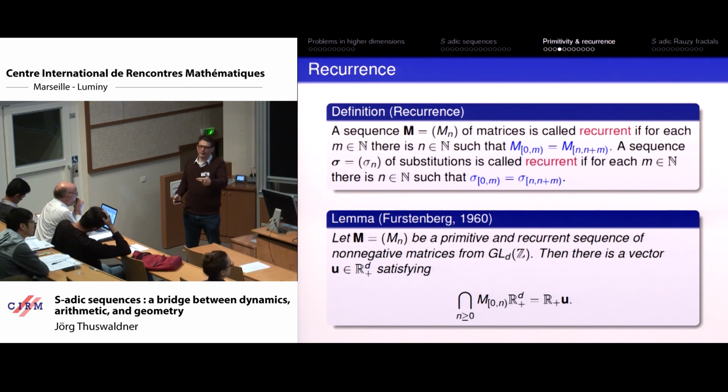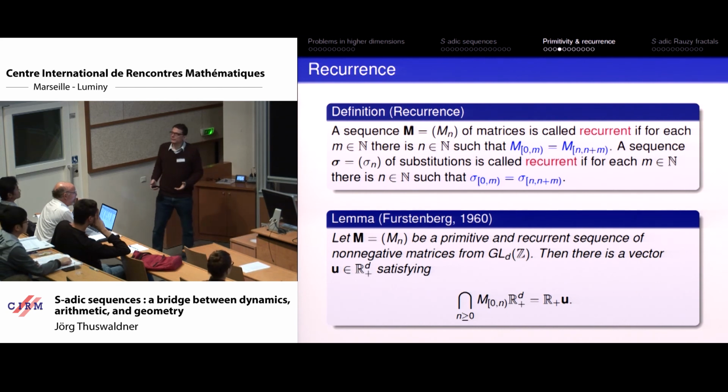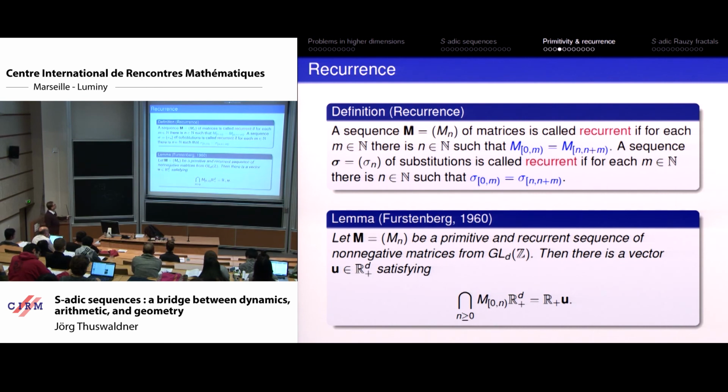In fact, if you take the positive cone and you hit it with the sequence of matrices, the primitive block that occurs infinitely often will make sure that you converge to what is called the generalized right eigenvector. So recurrence just means that every block occurs infinitely often. You can say that an arbitrarily long block at the beginning occurs a second time. This is just obviously equivalent.